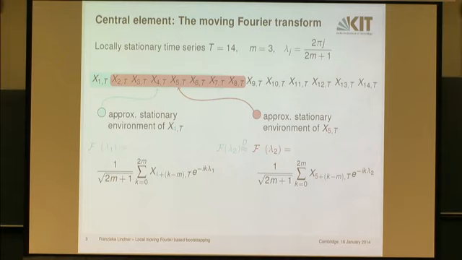If we go on shifting and transforming, you can see that the frequencies will eventually start repeating themselves.